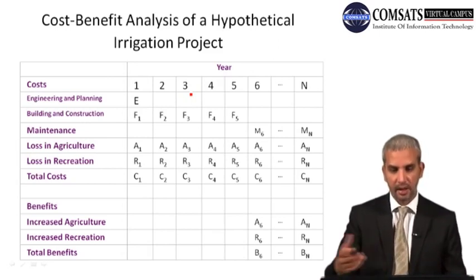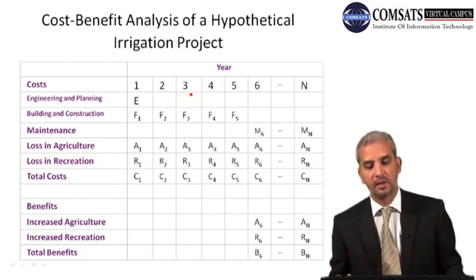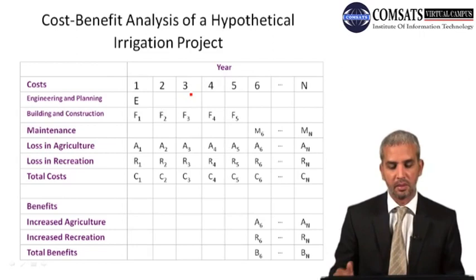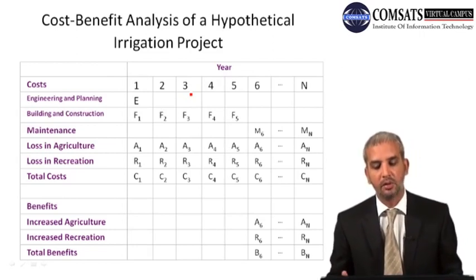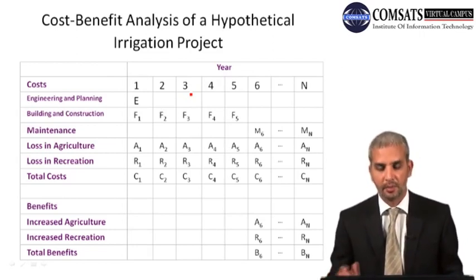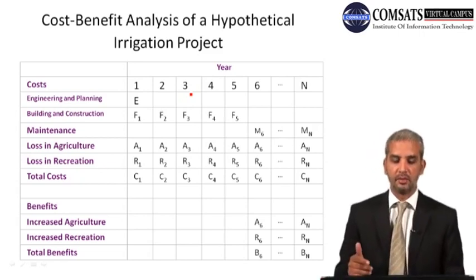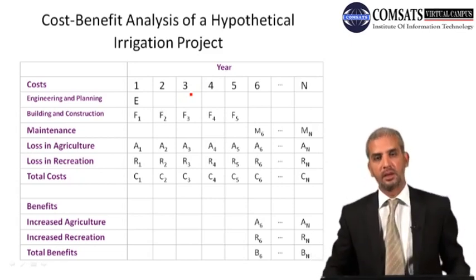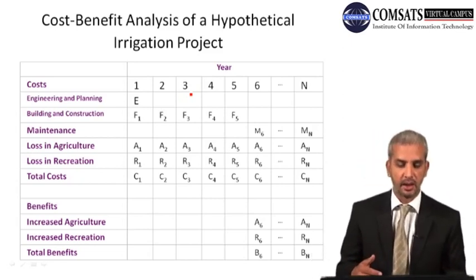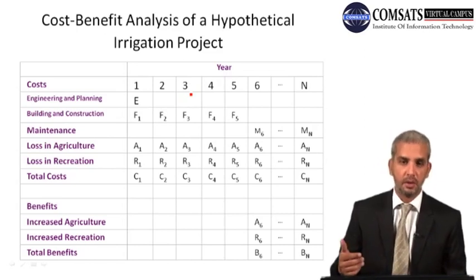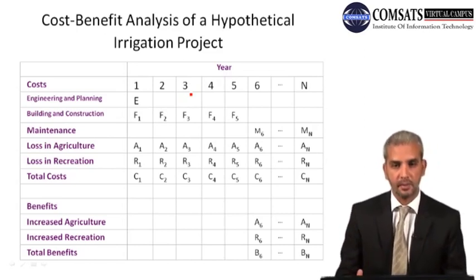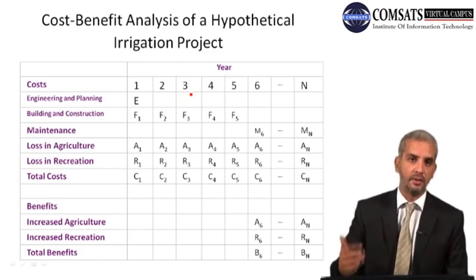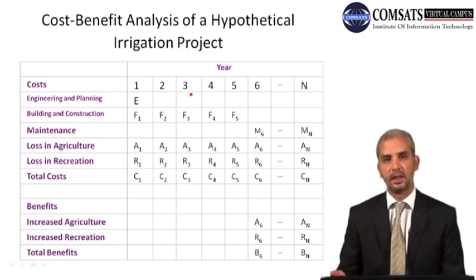Now, this is a cost-benefit analysis of a hypothetical irrigation project. Let's assume that the project starts from year 1 to 2, 3, 4, 5, 6 up to year n. Because it might be a capital intensive project, certain costs, for example capital, labor and construction, would be incurred in the first few years, and there would be no benefits out of it, because it is not just like that.